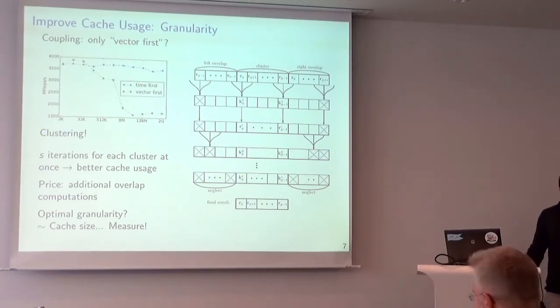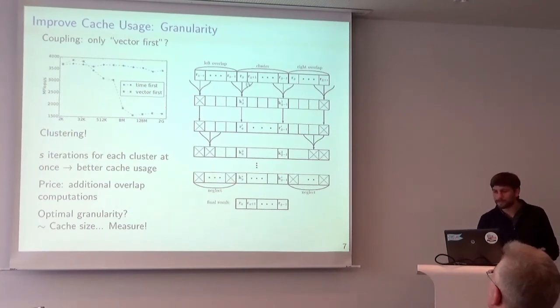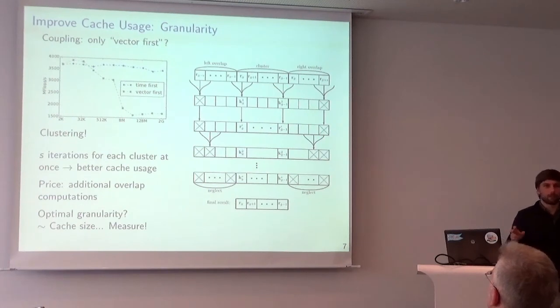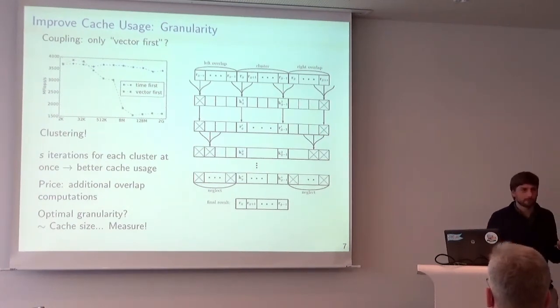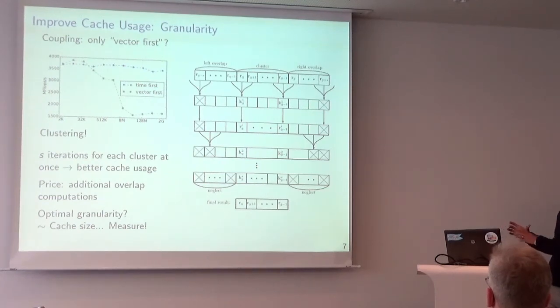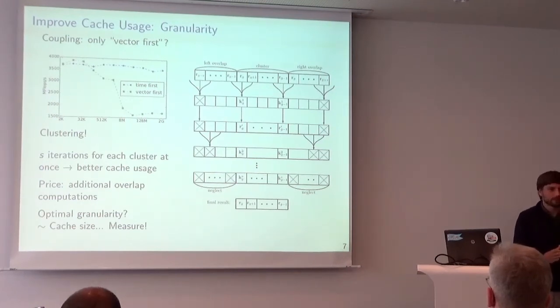So basically S is equal to the number of steps? No, that's not correct. I have two clusterings here: one clustering in space and one clustering in time. I take the first cluster in space, I put it in my cache, and then I do S iterations on this cluster.